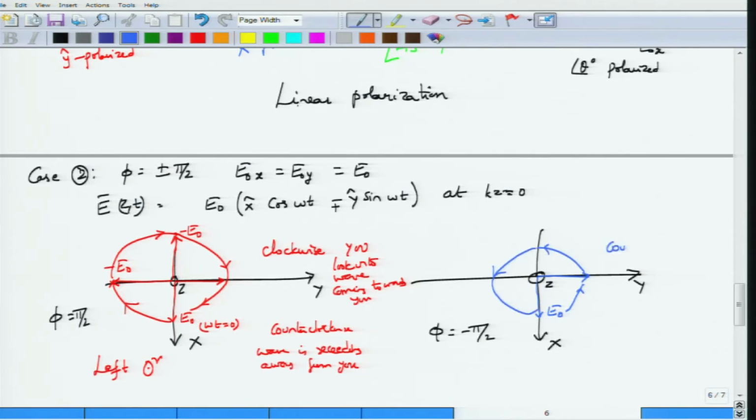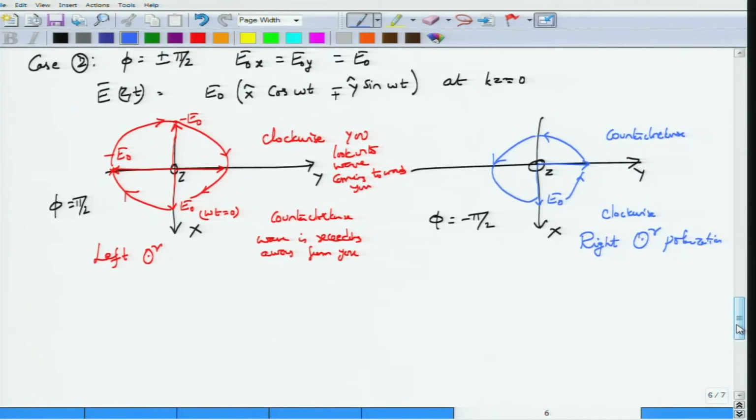So this is counter-clockwise as you see from the wave approaching towards you, or clockwise if the wave is receding away from you. And this kind of polarization is called right circular polarization.